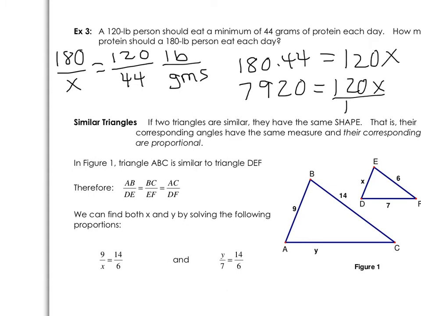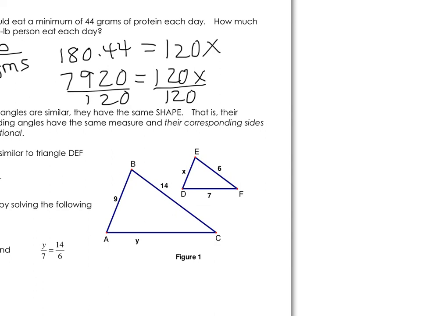We want to solve for x. Let's divide by 120. What is 7,920 divided by 120? That gives us 66. x is in the denominator, so it's grams of protein.